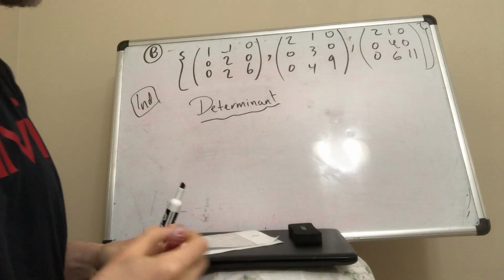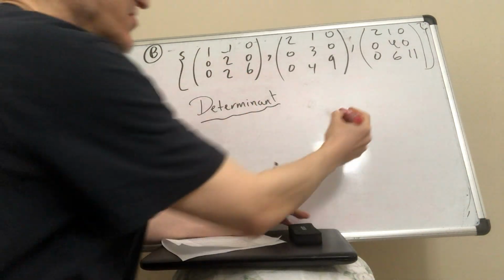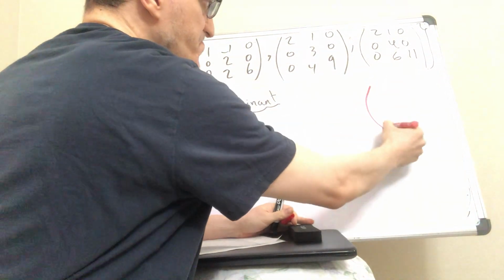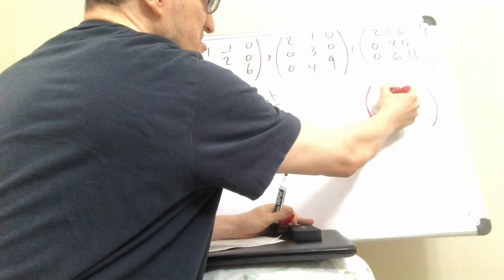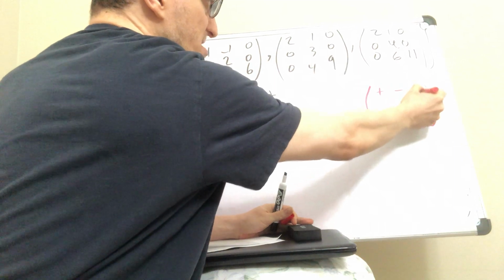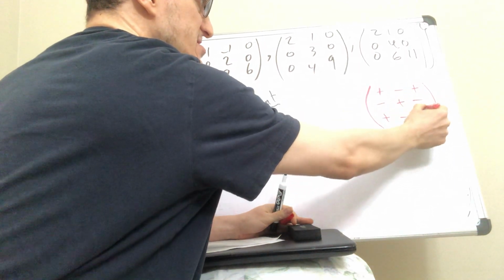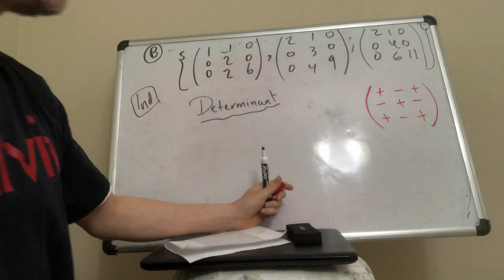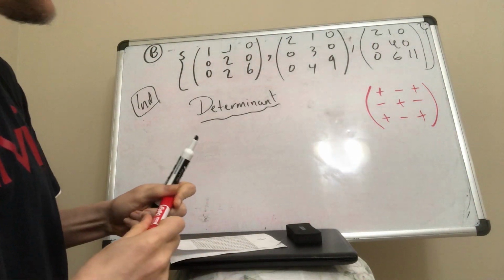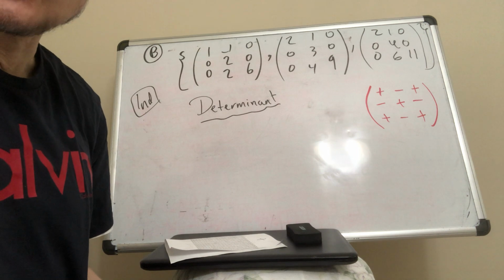So, I'll show you the structure. It's a 3 by 3. So you start positive, negative, positive, and you alternate. And it doesn't matter where you start.